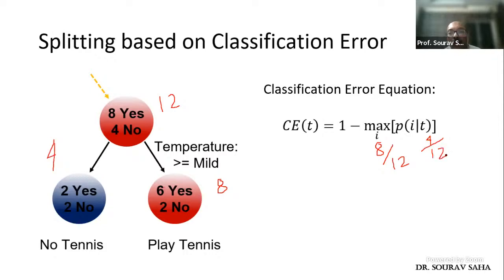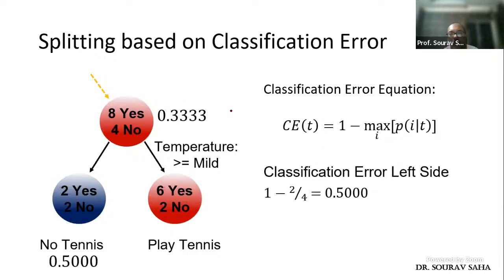So 1 minus the maximum of 8 by 12 and 4 by 12, which is basically 8 by 12. So 1 minus 8 by 12 will be 4 by 12, or 0.33. Yeah, 0.33 is what we will get out here.